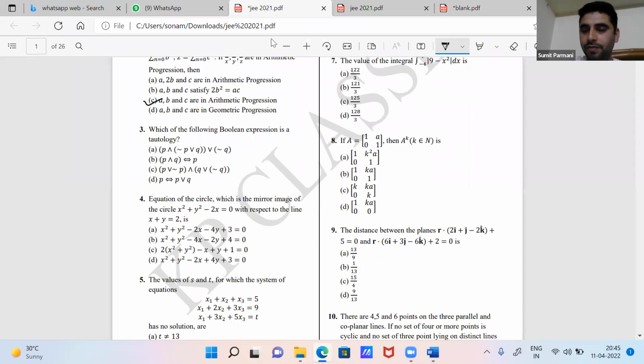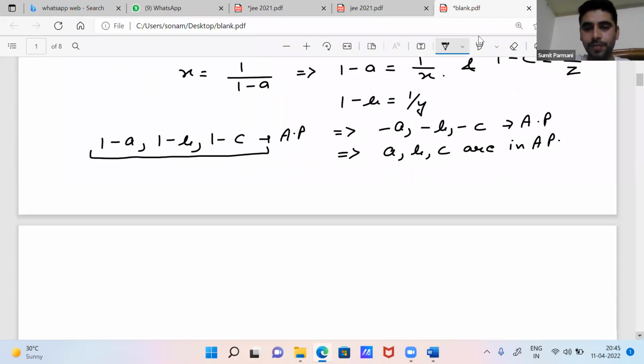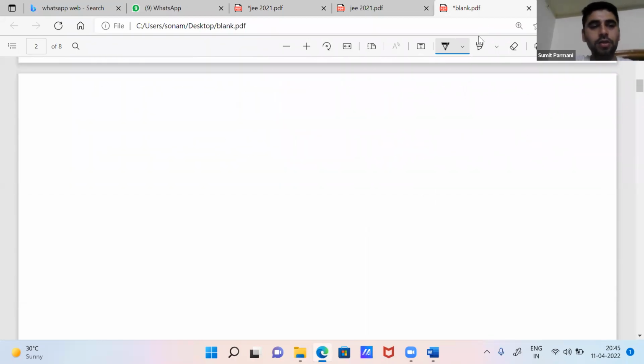Third is Boolean algebra. For Boolean algebra, draw the truth table, that is P, Q. For P, we have true, true, false, false. For Q, we have true, false, true, false.